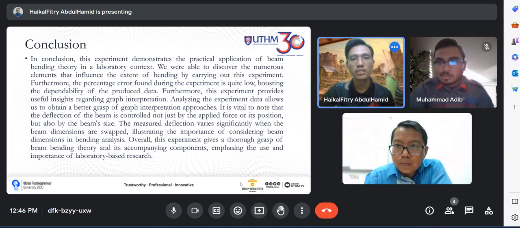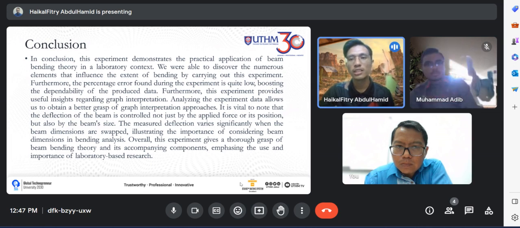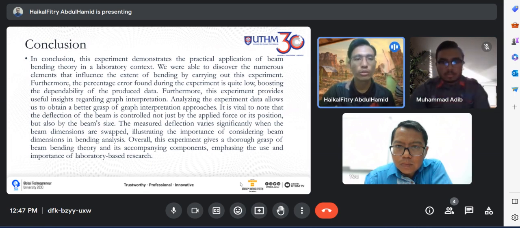Furthermore, the percentage error found during the experiment is quite low, boosting the dependability of the produced data. Furthermore, this experiment provides useful insight regarding graph interpretation. Analyzing the experiment data allows us to obtain a better graph interpretation approach.